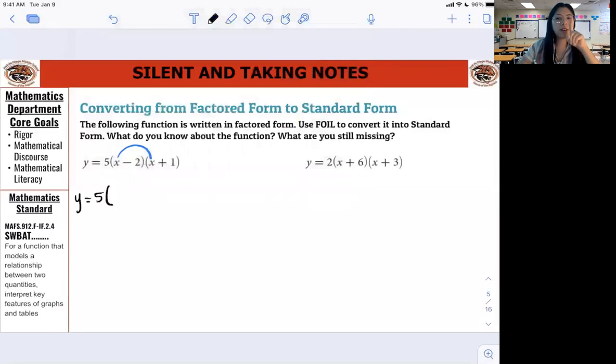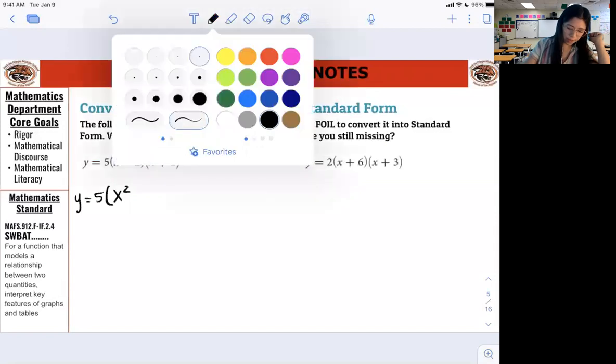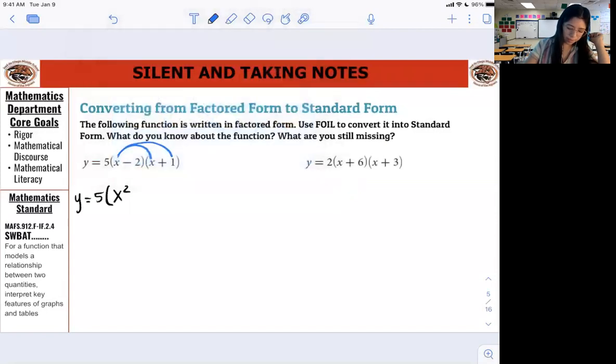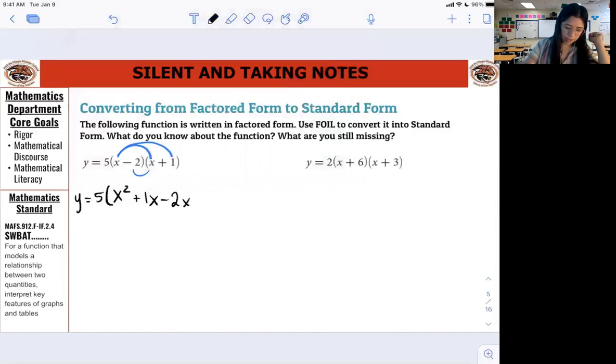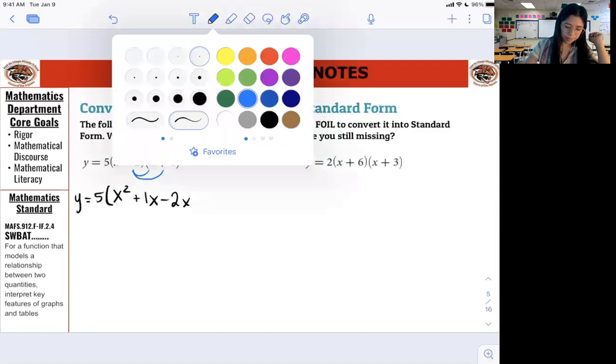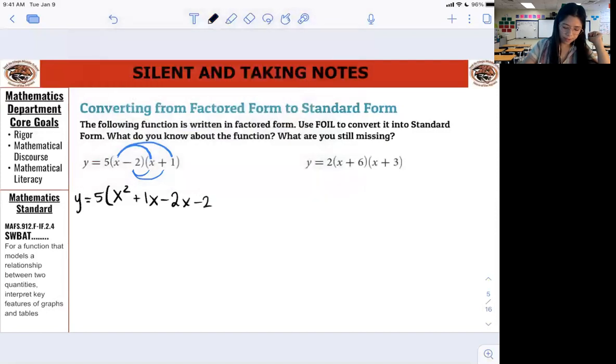X to the power of 1 times x to the power of 1 gives me x to the power of 2. Good. X squared. X times positive 1, 1x. Negative 2 times x, negative 2x. And negative 2 times positive 1, negative 2. Good.